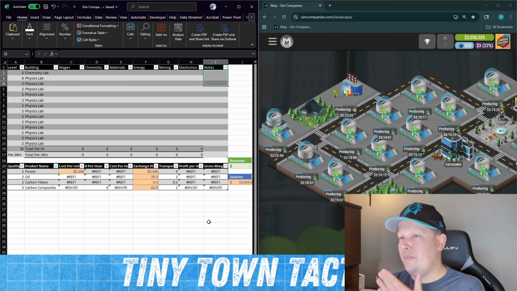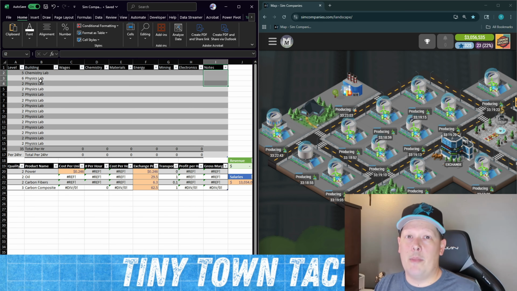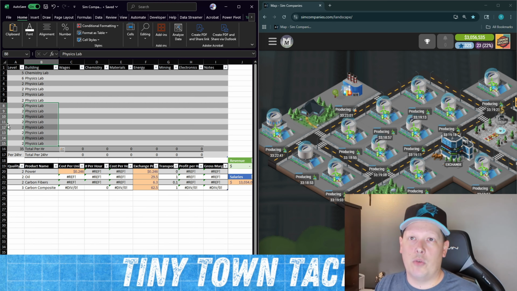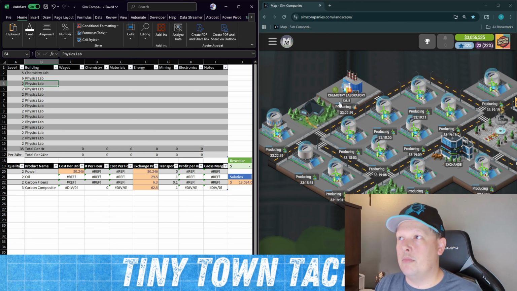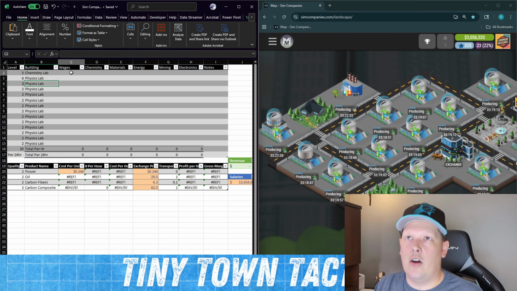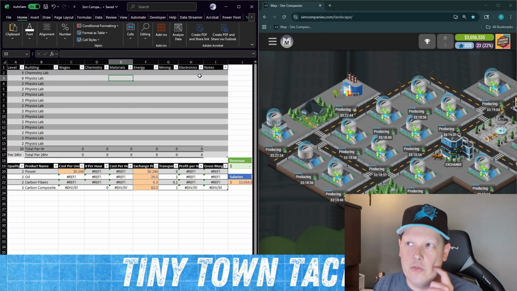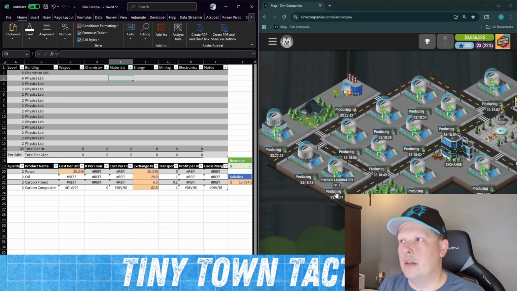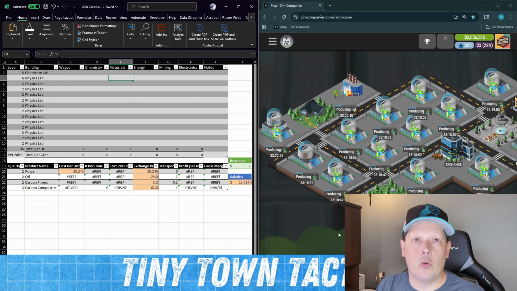So what I've started here is I basically put all my buildings here. I have 14 buildings, and each of them are appropriately leveled. Now I have spaces for their wages, which will come into play here, and I have spots for each type of research that I could make, and we'll do some calculations here.